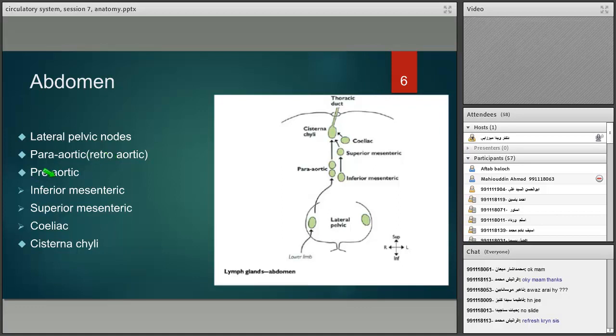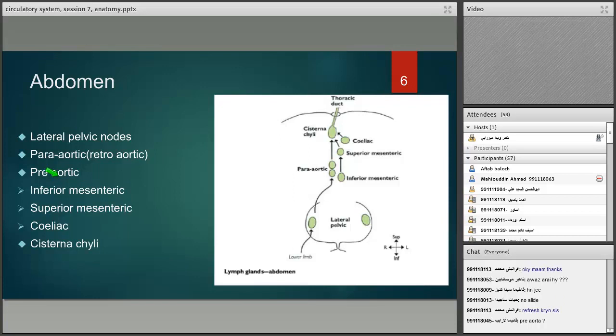But the pre-aortic group are receiving the lymph from the digestive system. The pre-aortic, which are placed in front of the aorta, are receiving the lymph from the digestive system.